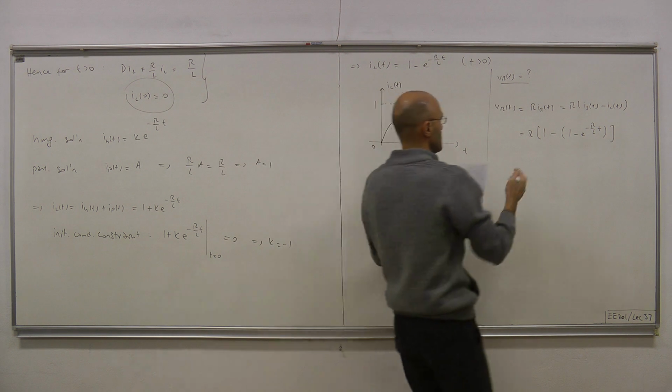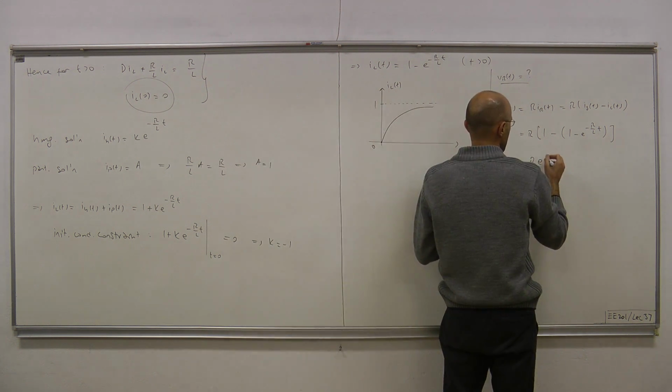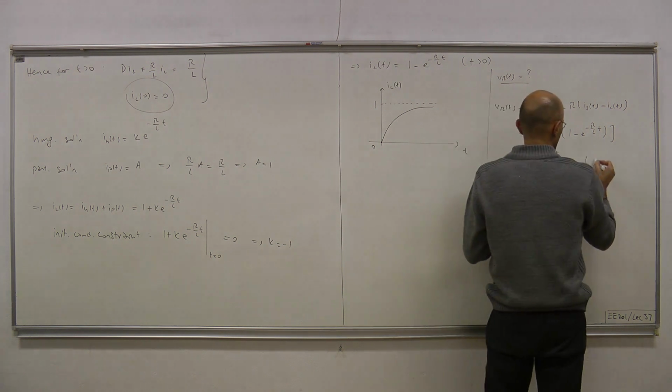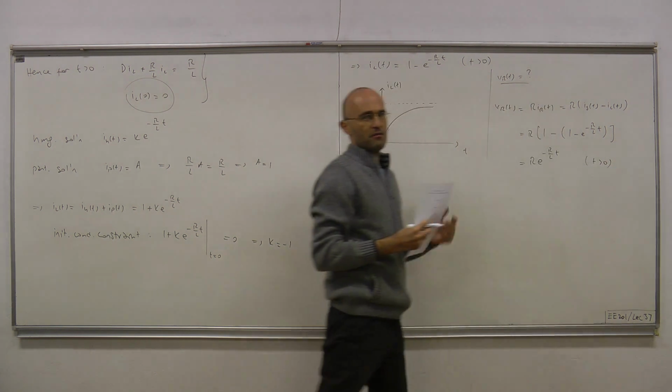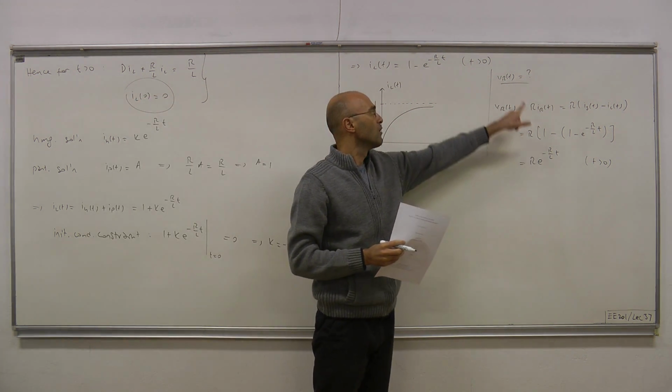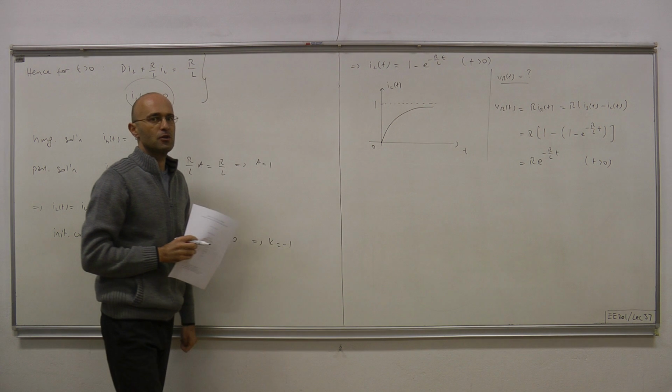Okay. So that's R e to the minus R over L t for t positive. So this is the step response for the resistor voltage.